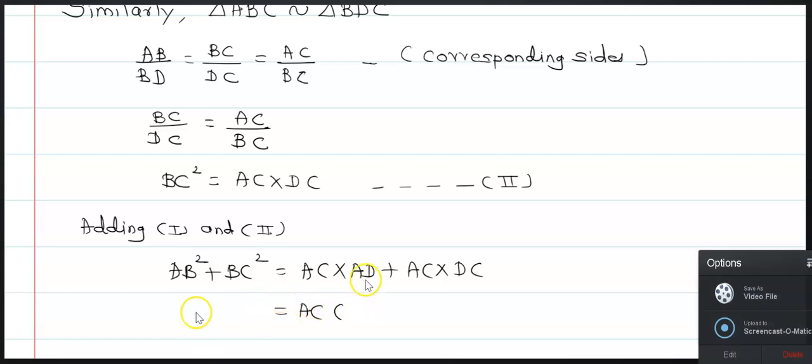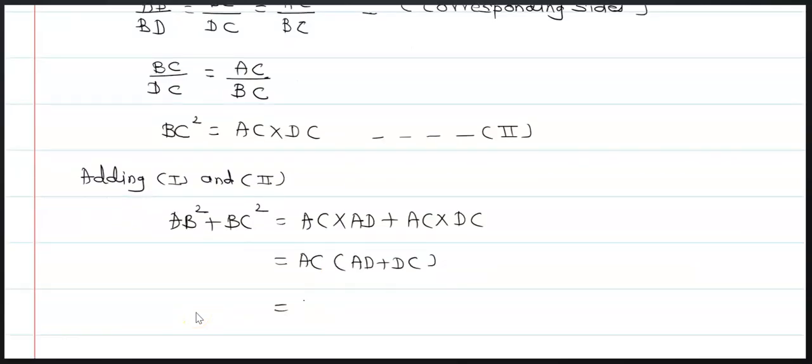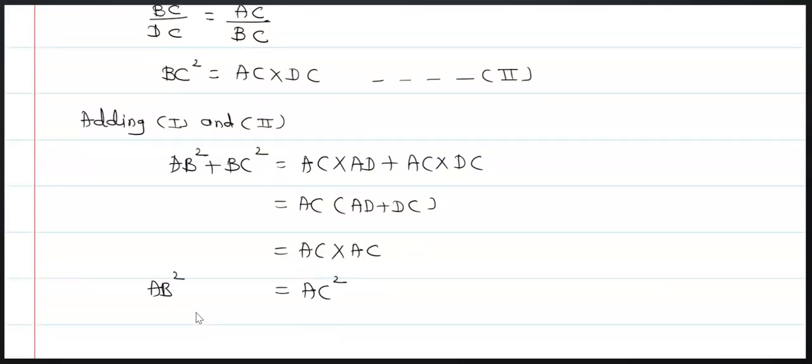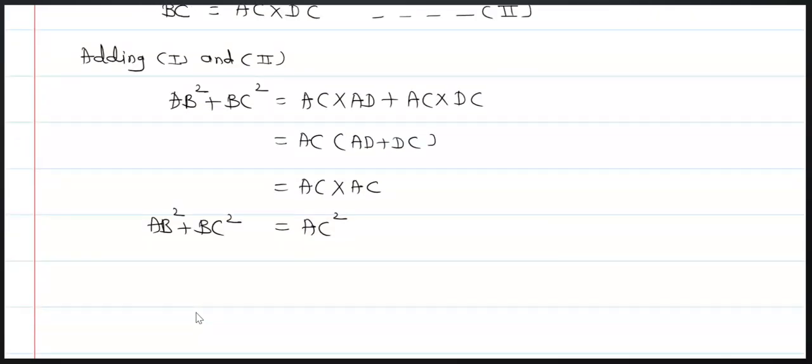Then what is in the bracket? AD plus DC. But what is AD plus DC? AD plus DC is nothing but again AC, and AC into AC is AC square. Therefore, AB square plus BC square is equal to AC square, and hence it is proved.